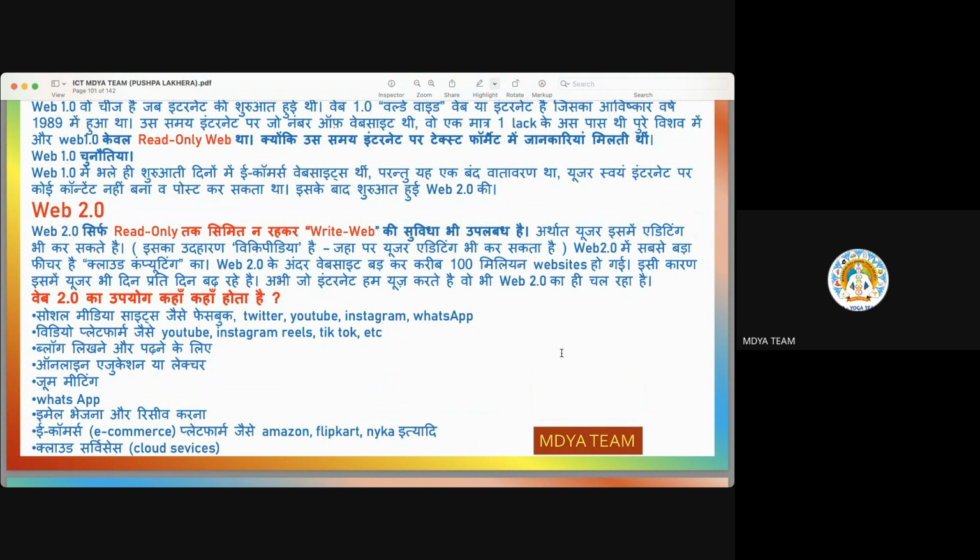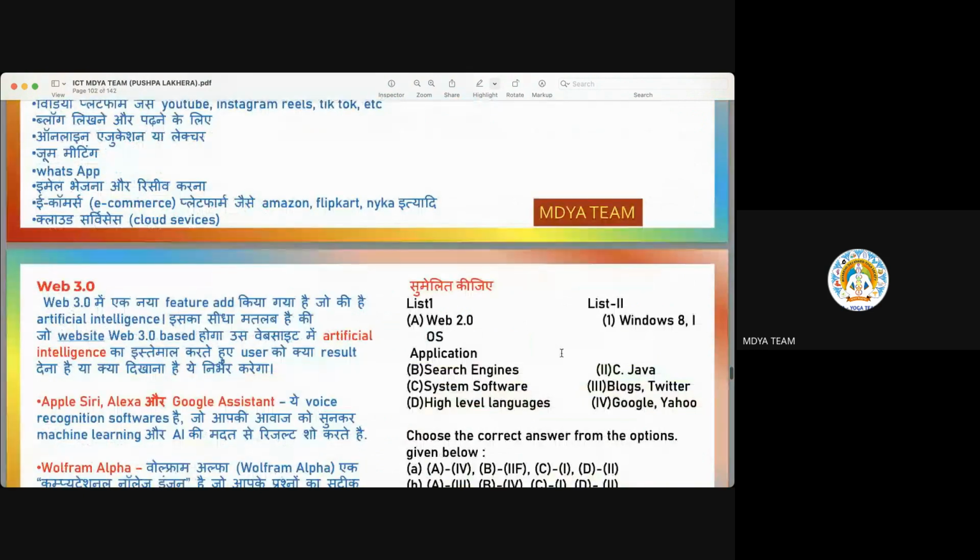And blogs you can write and read, online education, lectures. You can listen to lectures and also upload your lecture or your creativity on the internet. Zoom meetings, Google Meet, email, e-commerce like Amazon, Flipkart, and all cloud services. All those come in Web 2.